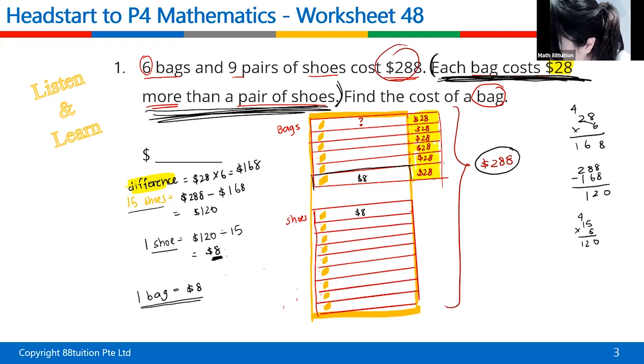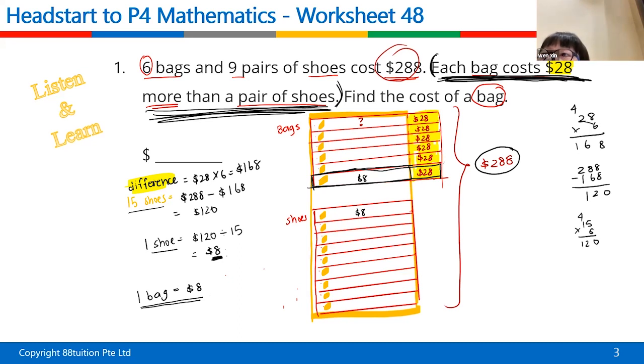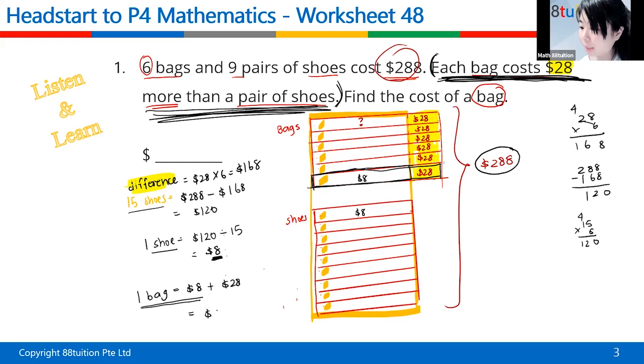So how do I find the price of the bag? The bag is like that. How do I find the price? That's $28 more. 8 plus 28. Yes, so 8 plus 28 is 36.